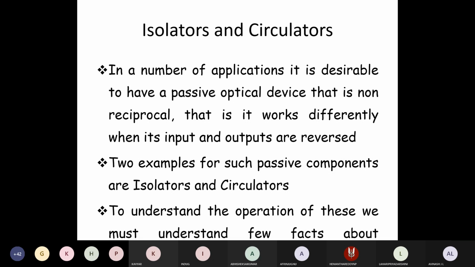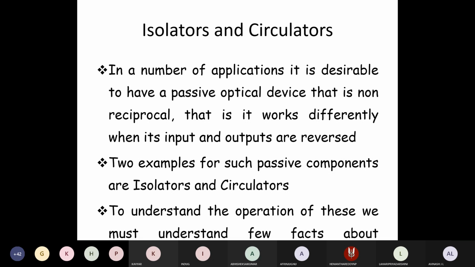That means when the signal is entering the birefringent plate, the wave will get polarized, divided into two polarization beams.